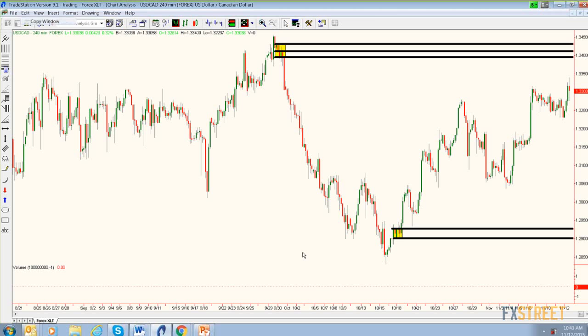Okay, now we've almost already had a pullback into that level, but notice prices could not get back there. It's almost like there was an attempt, but couldn't happen. Why? Well, that's a clue that there's a big supply-demand imbalance in that area.